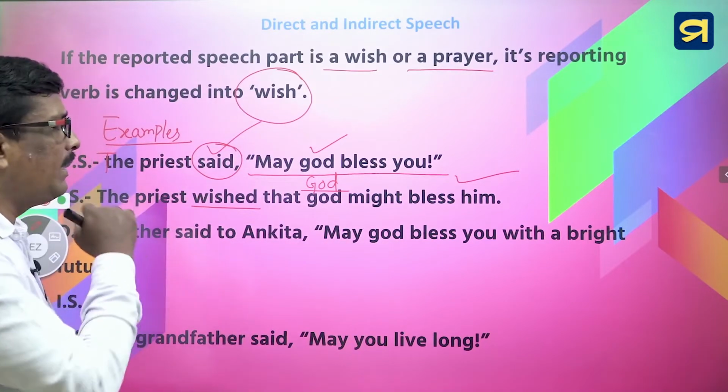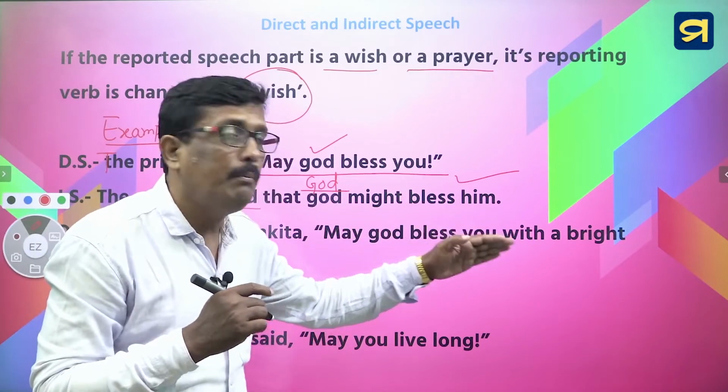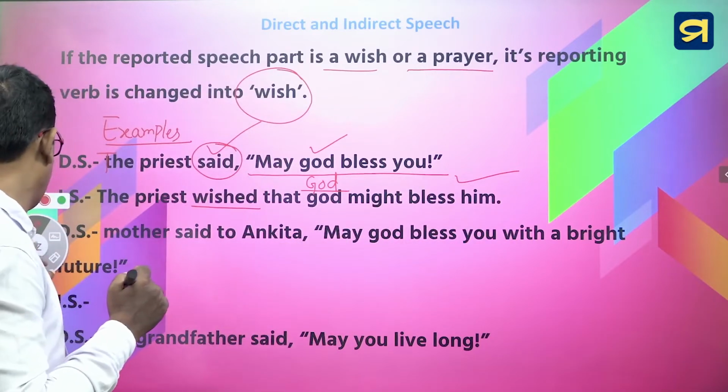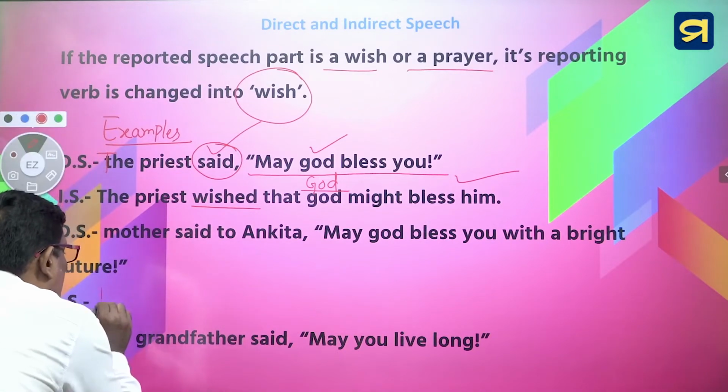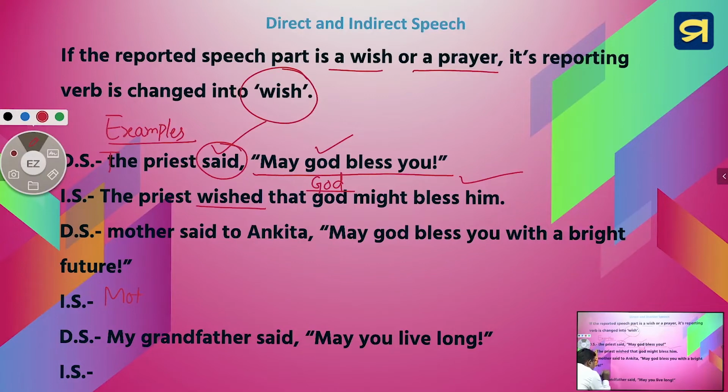Mother said to Ankita, "May God bless you with a bright future." Okay, so how will it change? You see, mother wished Ankita that God may will be changed into might because it is in the present, and we will change it into modal past.